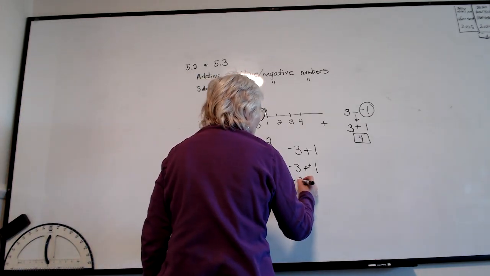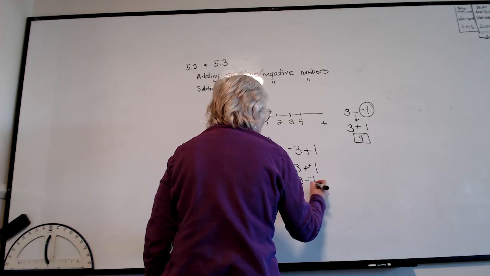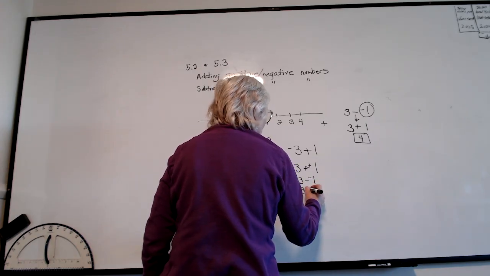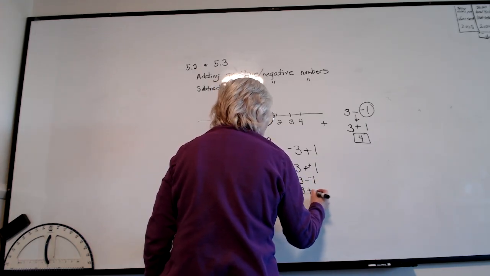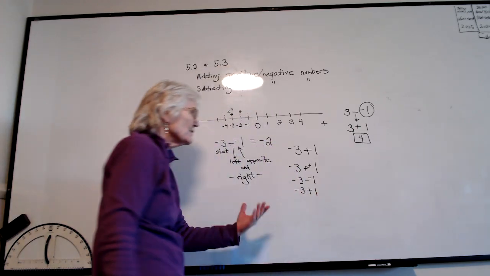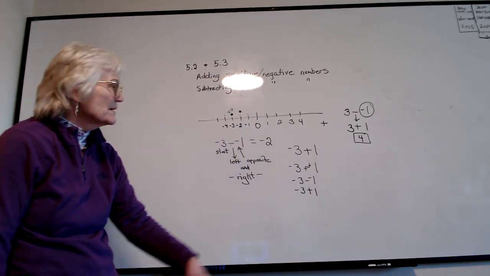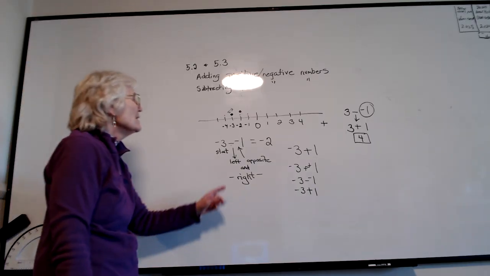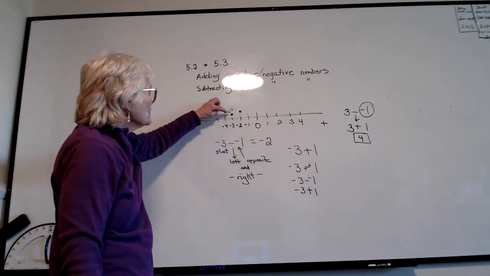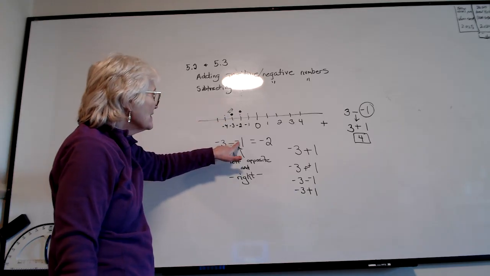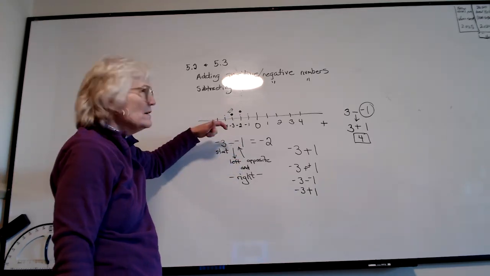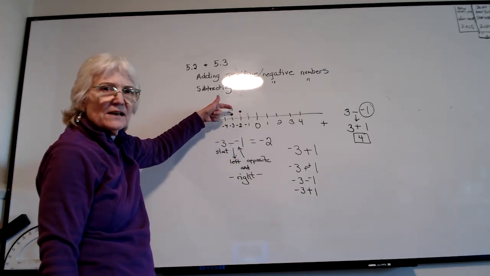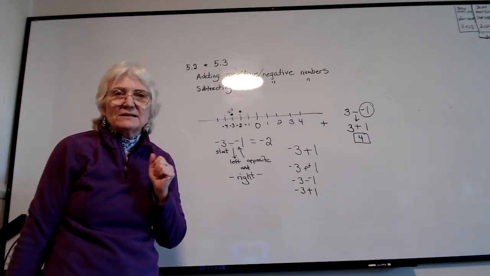Okay, other people do this. It's negative 3 minus a negative 1. They change it to negative 3, the minus, and the 1. They put them together like that because one's going the opposite. Okay, but again, when you have a negative, you start out going left, then this second negative says, no, go the opposite of left, which ends up being right.